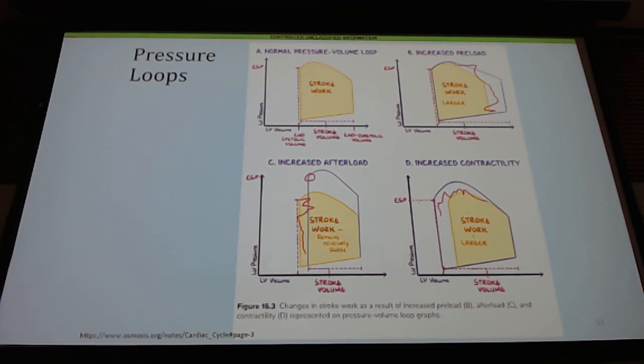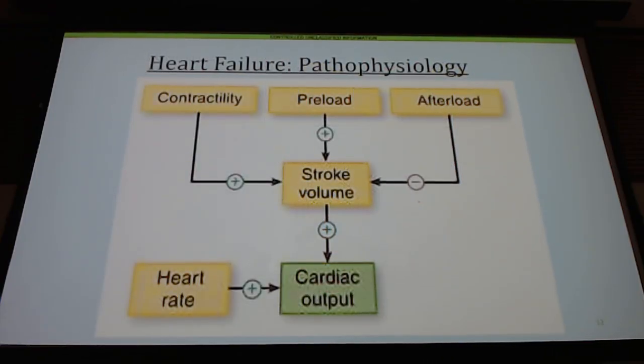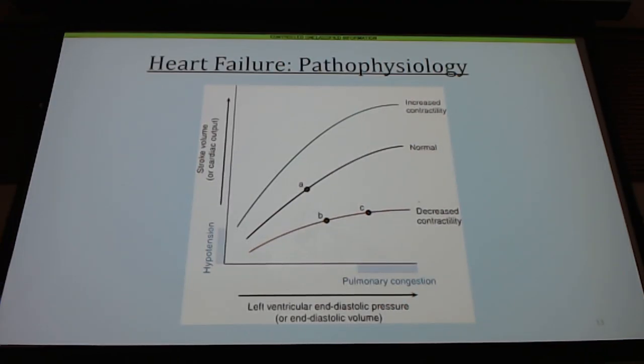So remember how those different variables impact your stroke volume, which will impact your cardiac output. This is just a flow chart that shows how they work. But let's focus in on the contractility and the preload components of stroke volume.